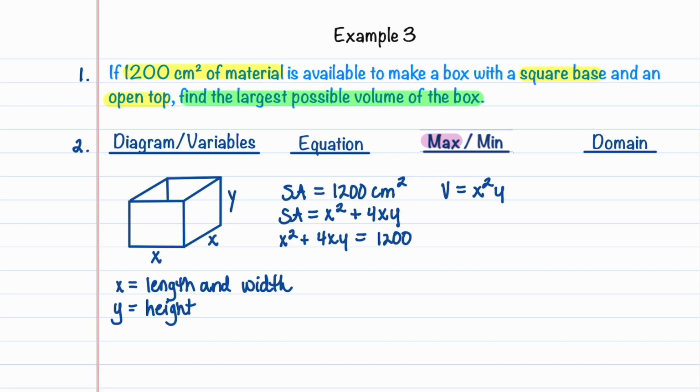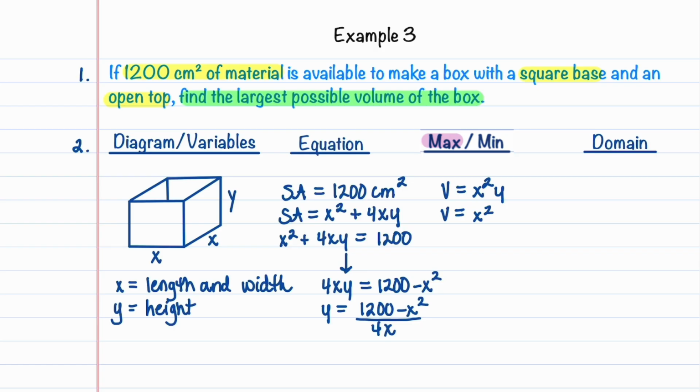Now we need to put our volume in terms of one variable. So we need to come back to our original equation right here, and we need to solve for y. So let's go ahead and do that. We have 4xy is 1,200 minus x squared, and that gives y is equal to 1,200 minus x squared, all divided by 4x. Now let's take that and put it back up into our equation for v.